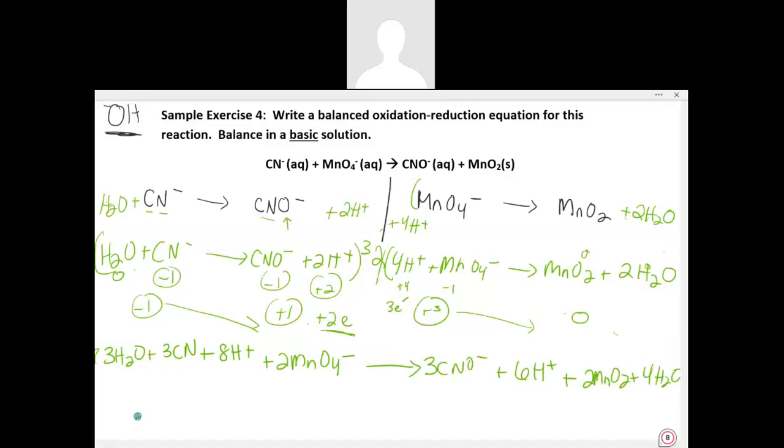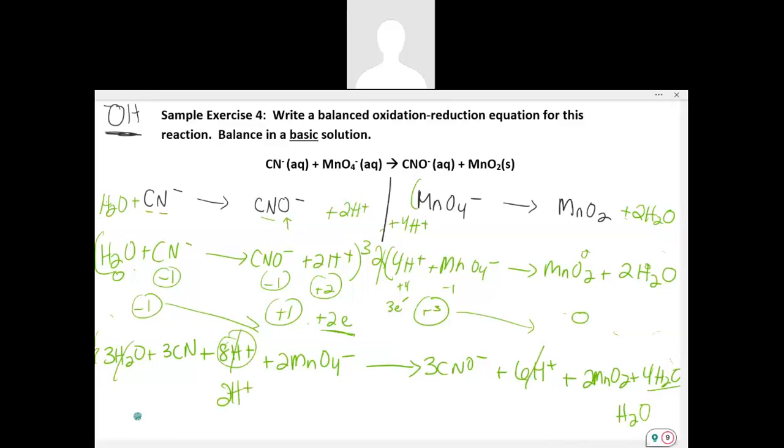Now we can cancel out if we have water on both sides. We do, so I'm going to subtract 3 from 4. So I'm going to end up with 1 over here, so just 1 water molecule there. I can also cancel out, or subtract rather, 6 of these H plus from the 8 over here, so I'm going to end up with 2 H plus.